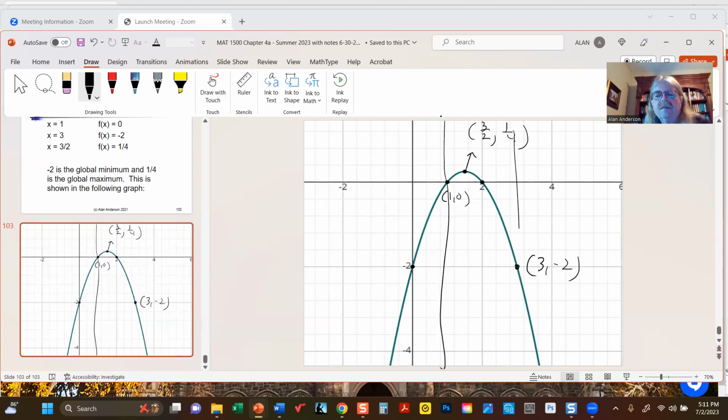All right, so the bottom line here is this. Within the interval, we can think of this point as the global maximum because it has the highest value of y, and this one can be thought of as a global minimum.